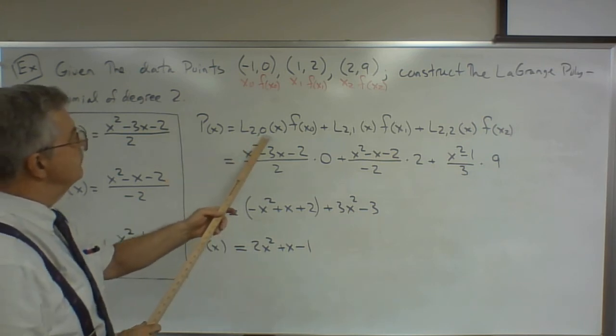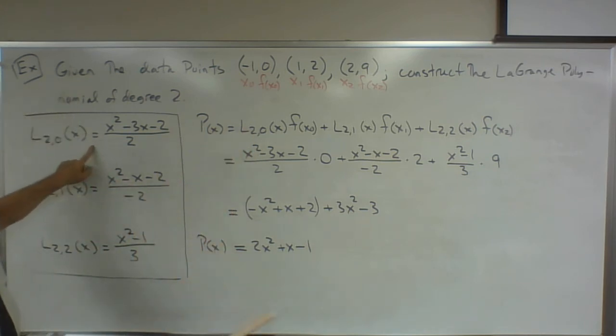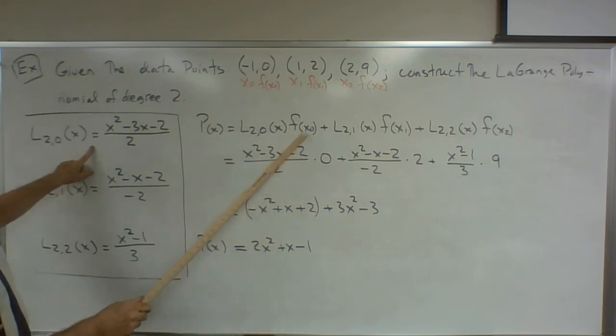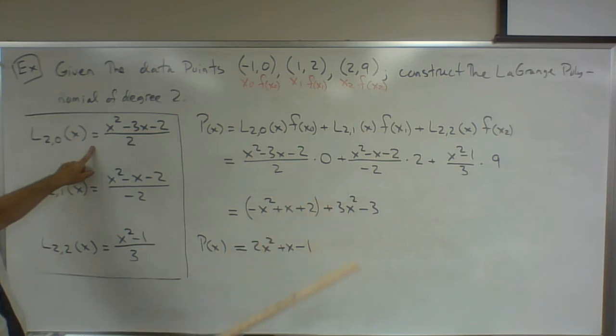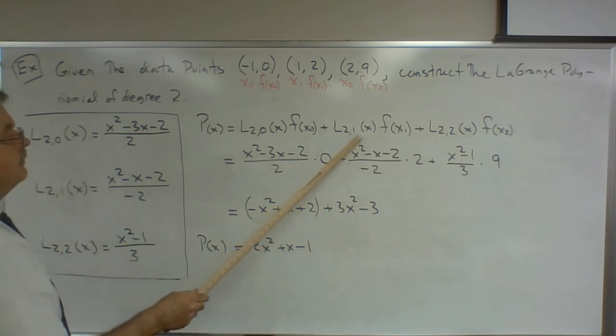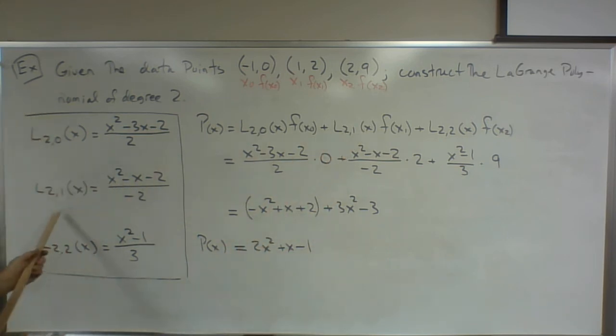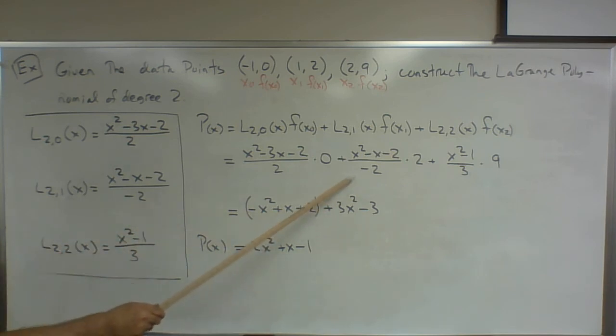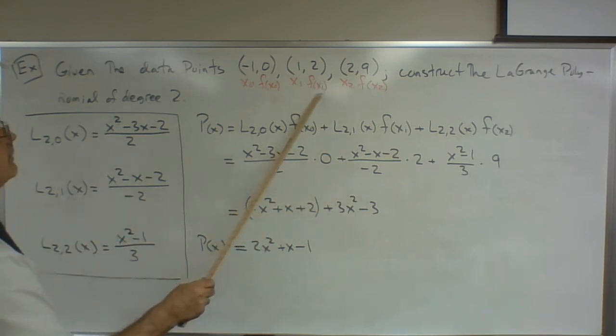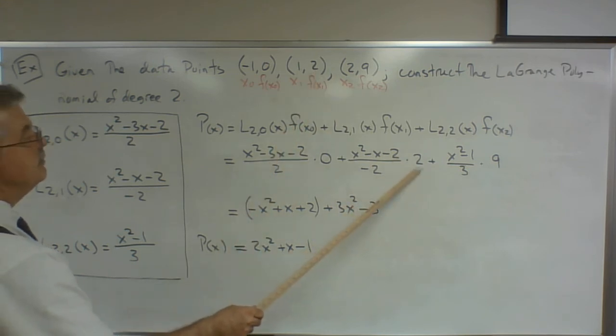So the 0th Lagrange coefficient, that's this thing, times f of x of 0, which is 0. The first Lagrange coefficient, that's this thing, times f of x of 1, which is 2.